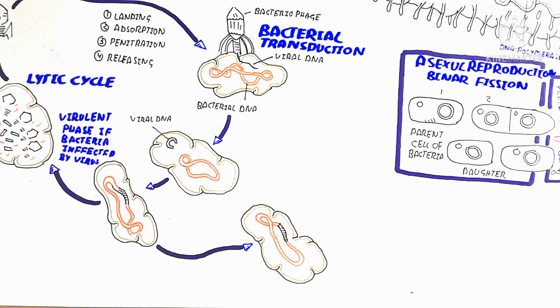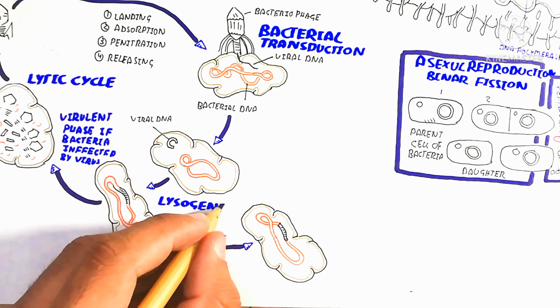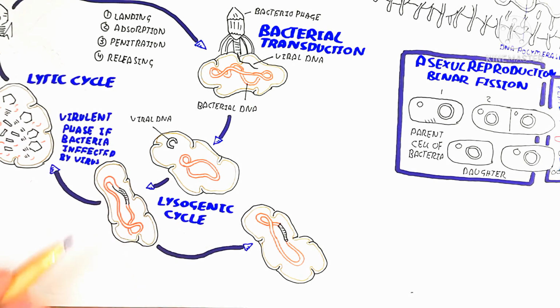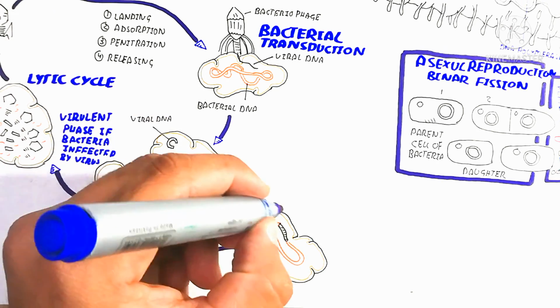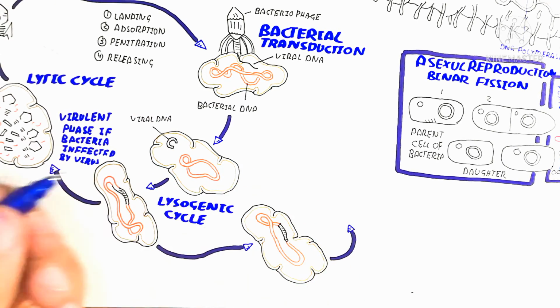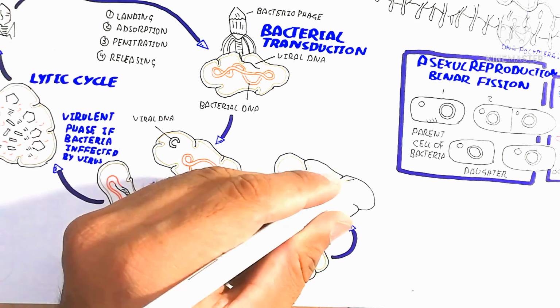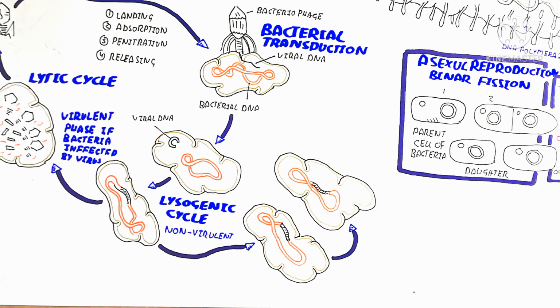If we talk about the non-virulent phase, that is also known as the lysogenic cycle. Lyso basically means the inserted DNA, and genic means generation. So more generations will be produced by these recombinant, lysogenic bacteria.